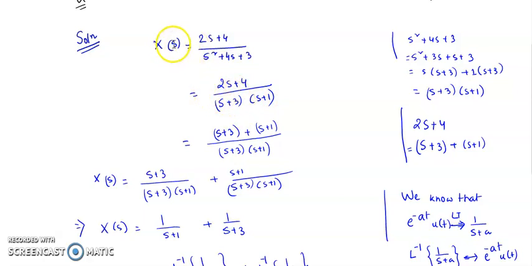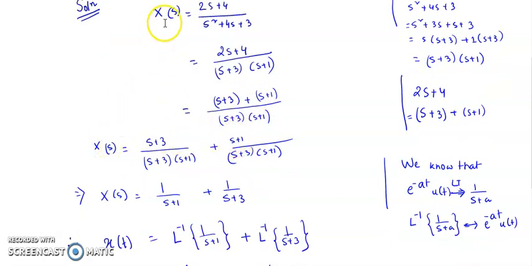First we have to modify the given function into that pattern. That is why we are writing 2s + 4 as (s + 3) + (s + 1). If you add these, you will get 2s + 4. We do this because we want to cancel out s + 3 and s + 1 so that we can reduce the function.